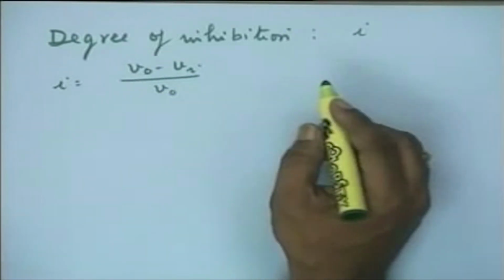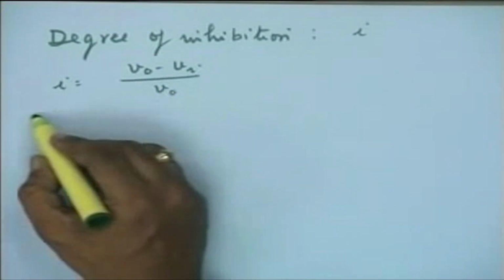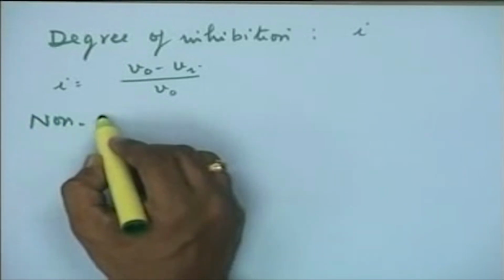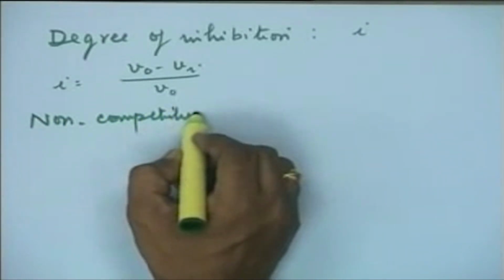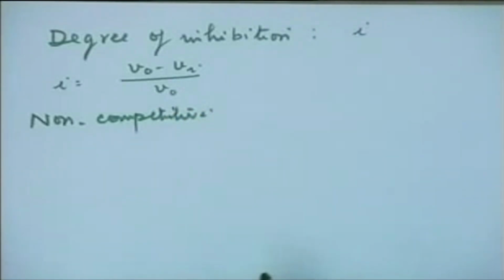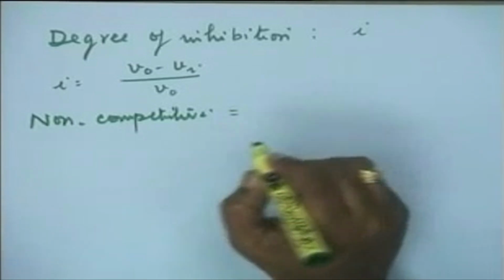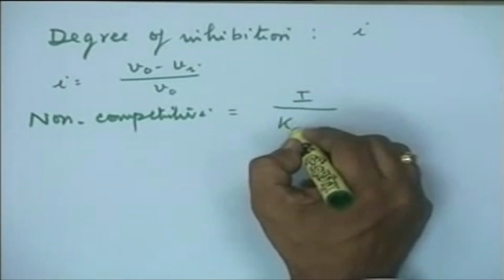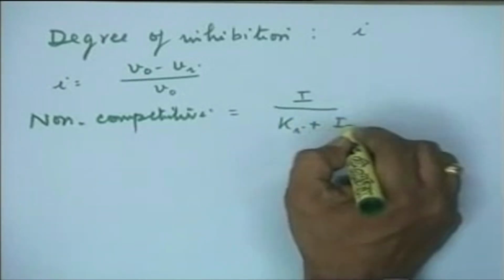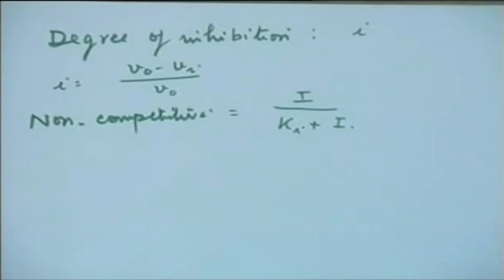Now, you will notice that for non-competitive inhibition, if you substitute the rate expressions for the inhibited and the uninhibited reaction, the value of I will be I upon Ki plus I, which indicates that the degree of inhibition is independent of substrate concentration.